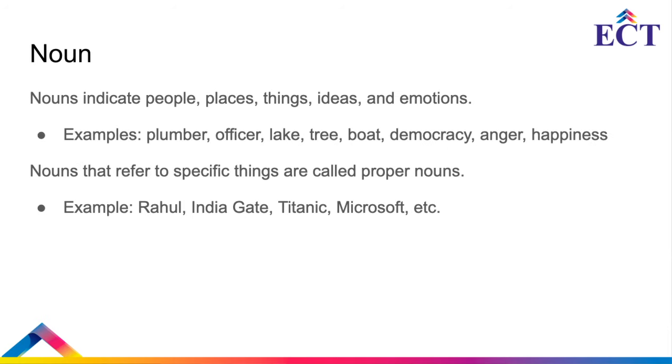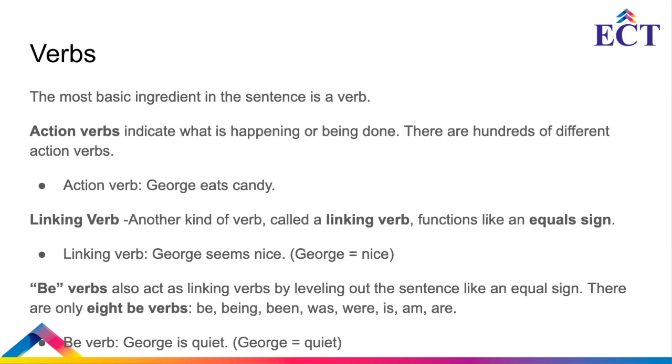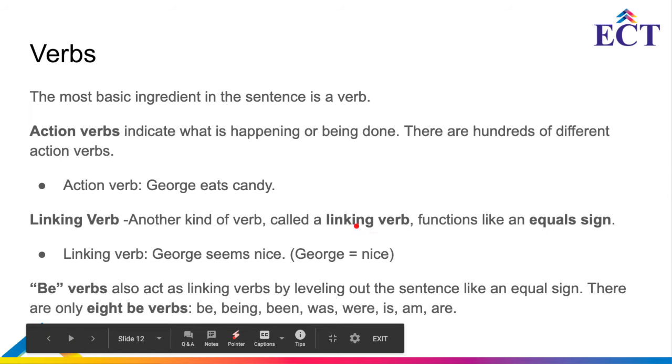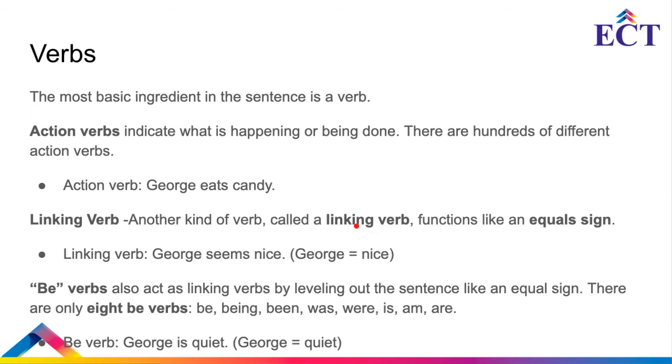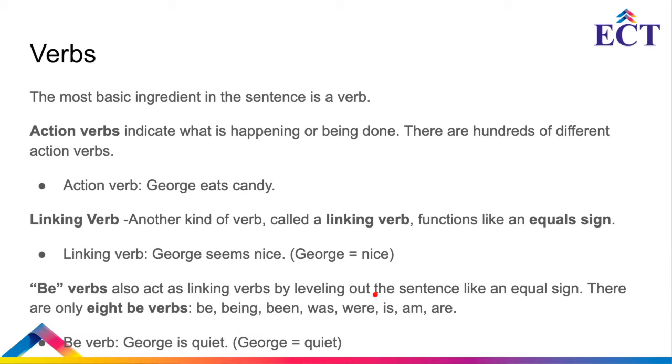Okay, linking verbs. Linking verbs act as an equal sign, and be verbs also tell you that it's an equal sign, right? So it functions like an equal sign, and here it is clearly saying that a is equal to b, so a is b, and a seems to be b.